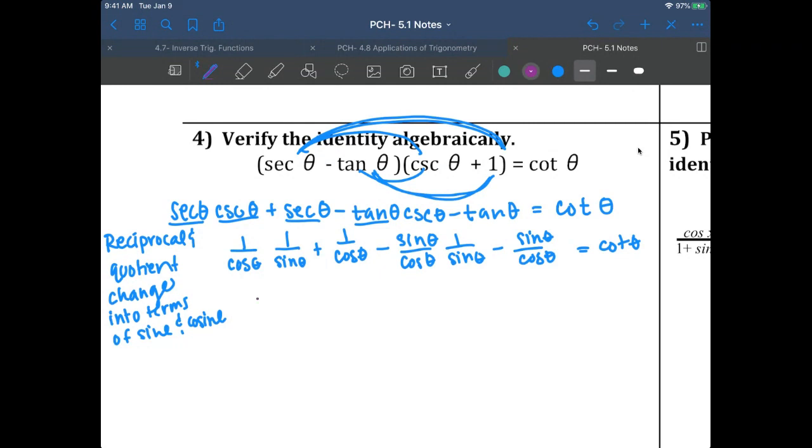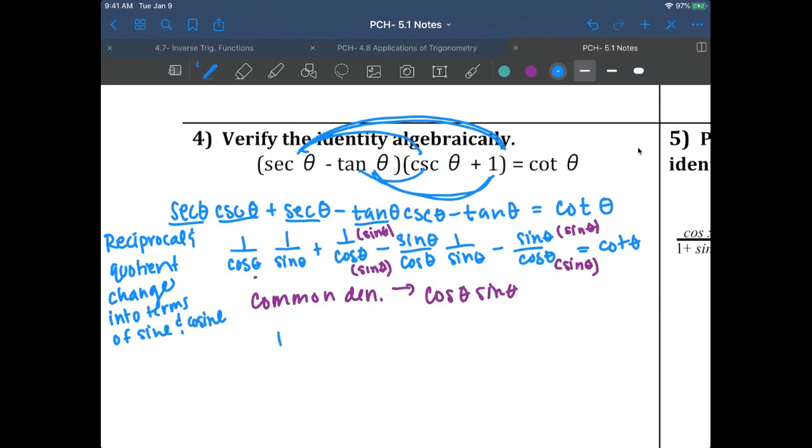Next, we need a common denominator of, looks like cosine theta times sine theta. So the first terms are good. We need to multiply this fraction by sine theta on the top and sine theta on the bottom. That one is good. And the fourth one also needs to multiply by sine theta over sine theta. And we're not going to touch anything on the right-hand side.